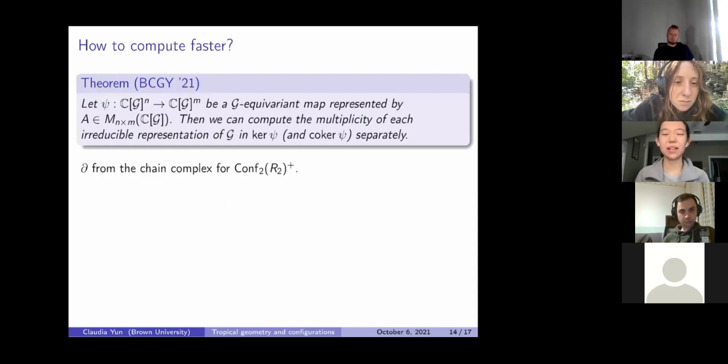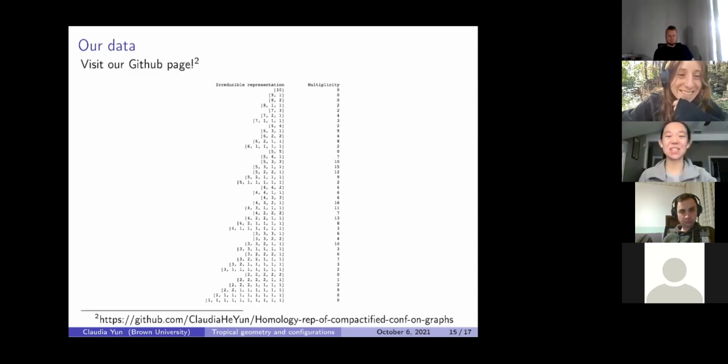And we have a little trick of how to compute things faster, but I think that's not super important, so I'm gonna pass. And so now basically we have this action, and we know how to characterize the action of the isometry group of G. And we can now tie this loose end back into tropical geometry and compute the homology representation of delta 2n.